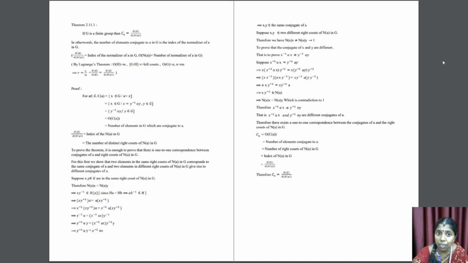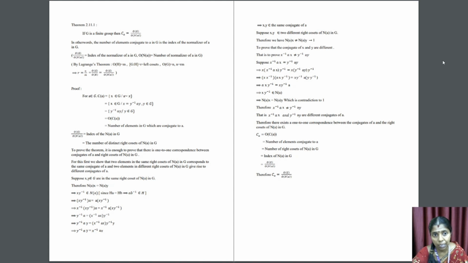So r equals order of G by order of H, and that subgroup is N(a). So we use the word index of the normalizer.